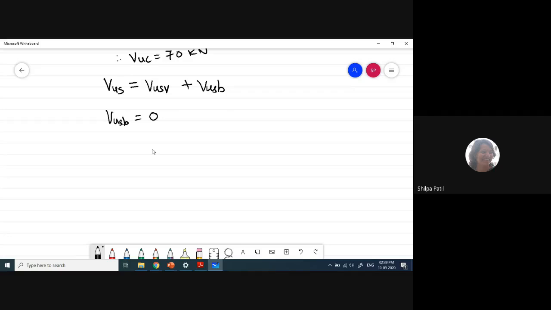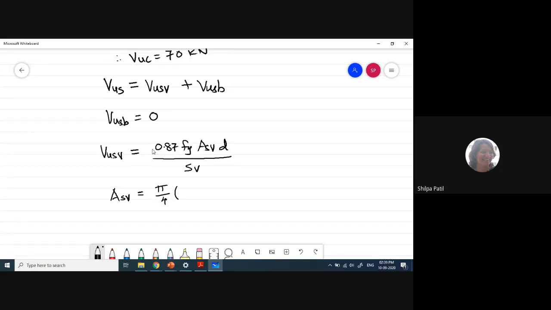Let us calculate now VUSV. Tell me the formula for VUSV. 0.87 FY into ASV into D upon SV. Correct. So let us find out ASV now. ASV is nothing but area of shear reinforcement. So it will be pi by 4.